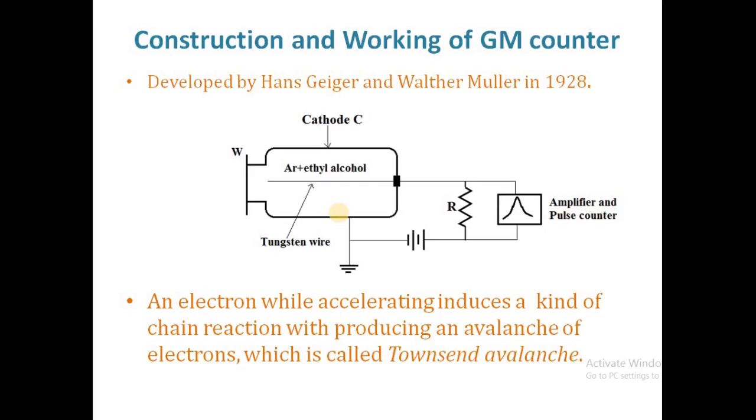This phenomenon is called the Townsend avalanche because it was first studied in detail by J.S. Townsend. This avalanche spreads along the entire length of the anode and causes the discharge of the gas along the length of the anode.